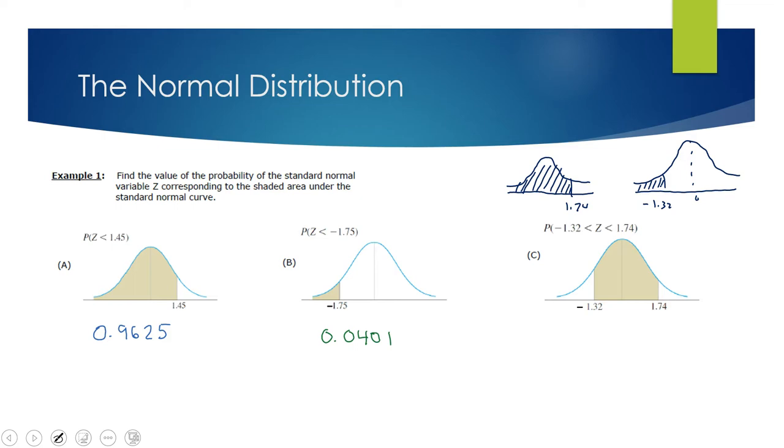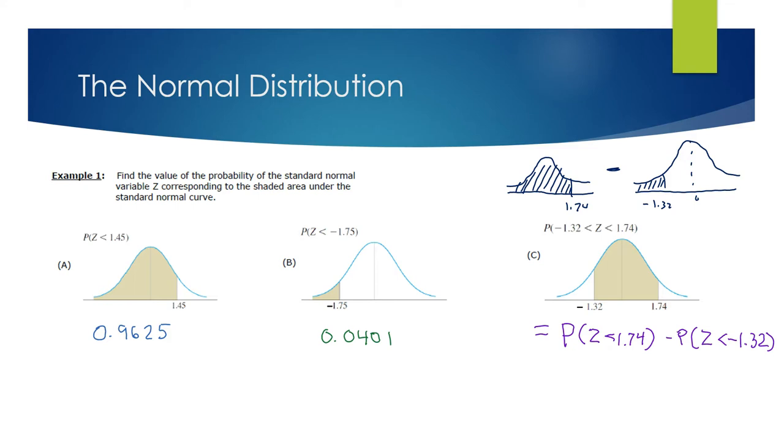This is basically the area to the left of 1.74 minus the area to the left of negative 1.32. So I'm subtracting these two areas from each other, and that would give me the area here. The first thing I do is make note that the probability equals the probability of z being less than 1.74 minus the probability of z being less than negative 1.32. And I look up those two values on the table.